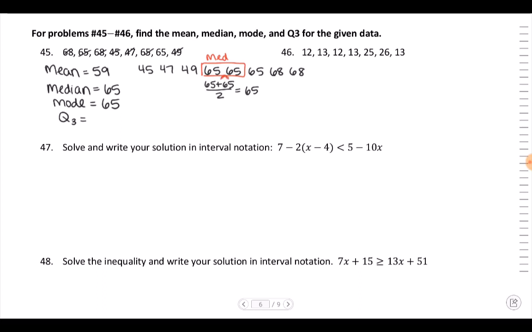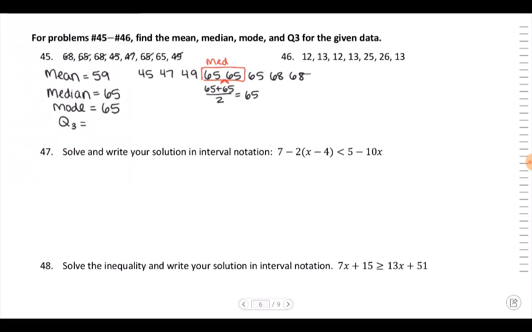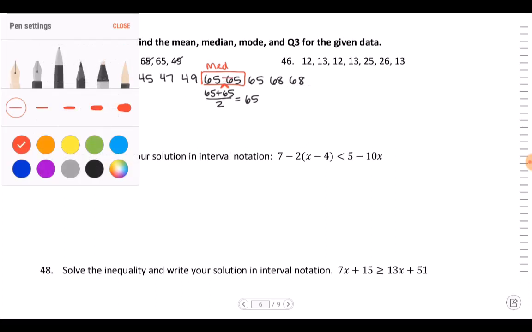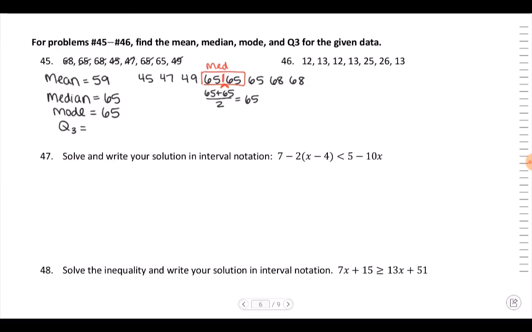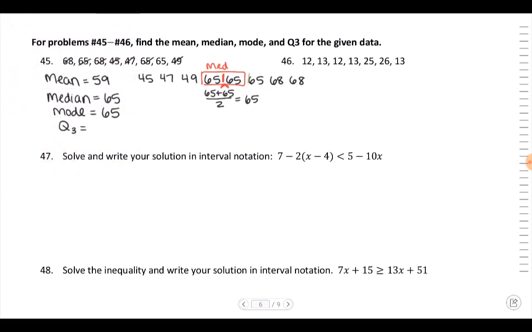It's those two. Now, whenever I want to find the third quartile, that means it's the median of the upper half of my data. So that median is right here in between these two numbers. So that's where it cuts my data set in half. So to find the third quartile, I would do the same thing again where I cross off, and then I have to take these two numbers here, 65 and 68, and find the median of those numbers.